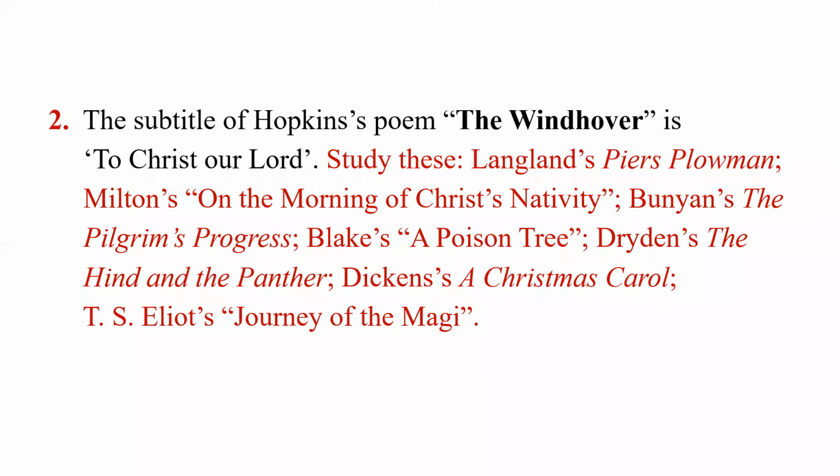So here I ask them to study Langland's Piers Plowman, Milton's Ode on the Morning of Christ's Nativity, John Bunyan's The Pilgrim's Progress, William Blake's A Poison Tree, Dryden's The Hind and the Panther, Dickens' A Christmas Carol, T.S. Eliot's Journey of the Magi. But I also make sure there is a common thread, because in section 1, something with a turn.